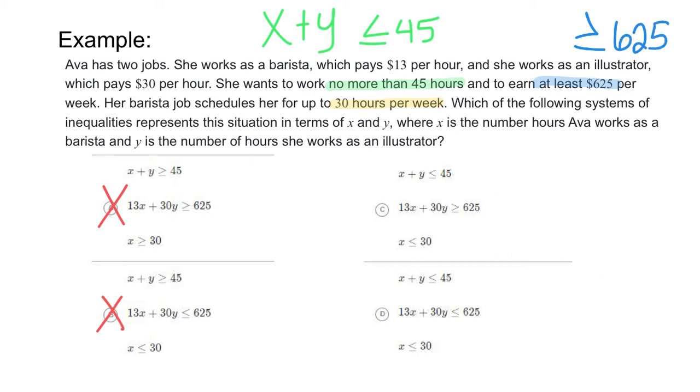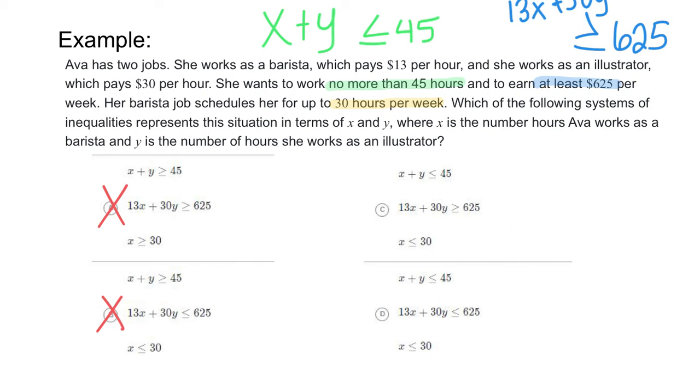And again, what she's earning is coming from both jobs. She's making 13 an hour at one, and she's making 30 an hour at the other. So 13x, I didn't leave myself enough space here, y'all, plus 30y. Together, it needs to be more than or equal to 625.